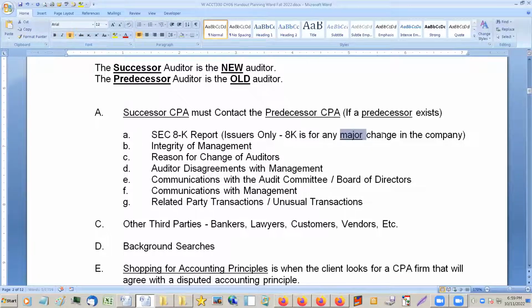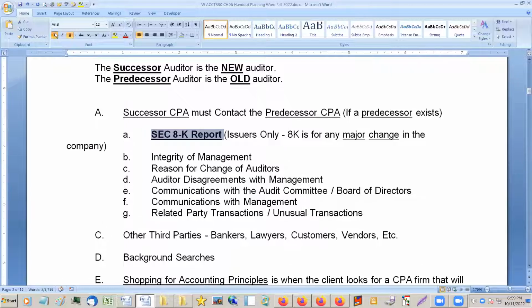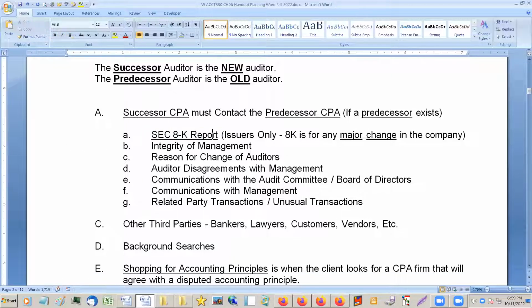So it's not just for auditing. This is not just for auditors. So an 8K report, what is an 8K? I have an example of them. I should send that out.